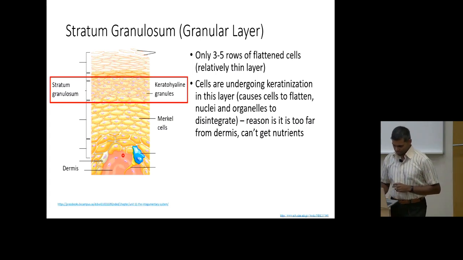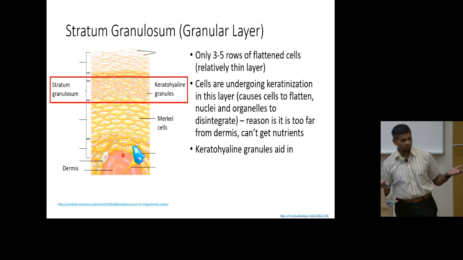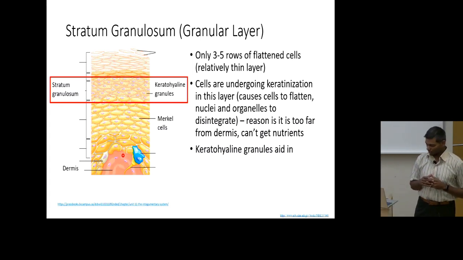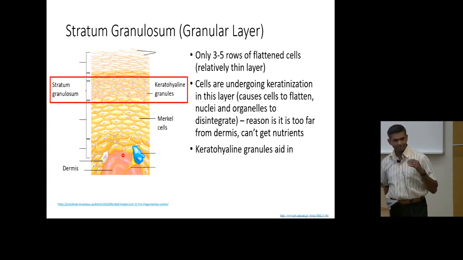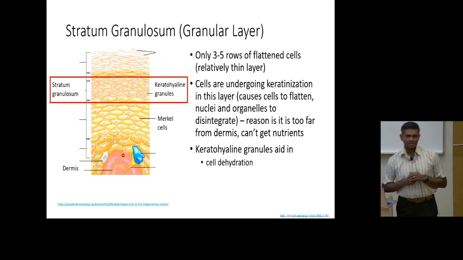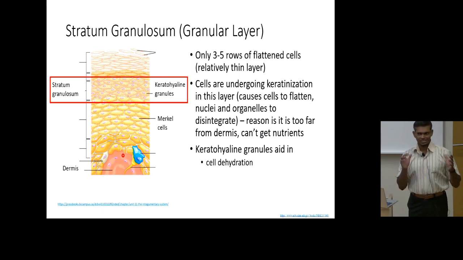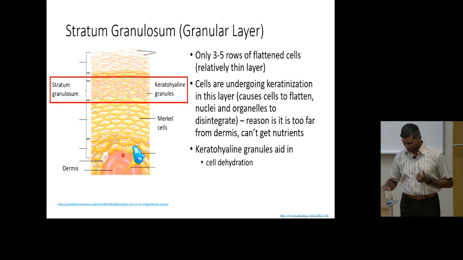The granules you see there are the keratohyalin granules, and they contain a number of proteins which are beyond the scope of this lecture. But I would point out that keratohyalin granules have a few functions which I do want you to keep in mind. Firstly, these granules cause the cells to be dehydrated.